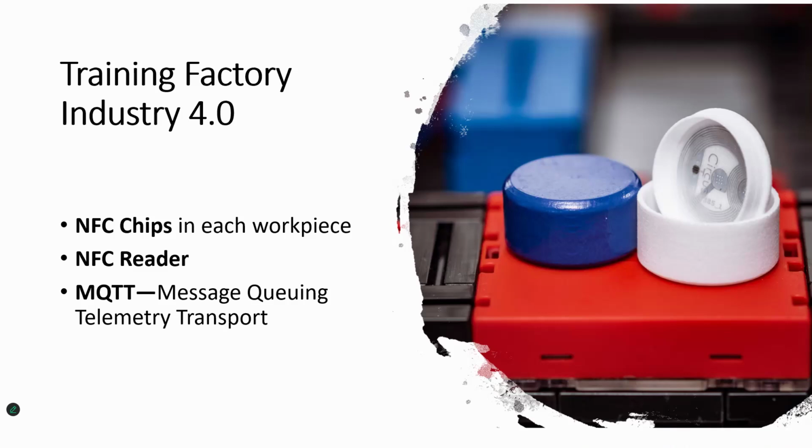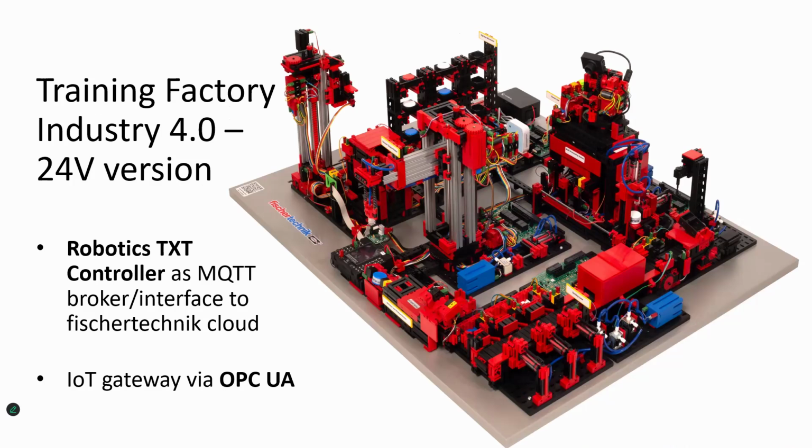And the use of MQTT, or message queuing telemetry transport, allows the network TXT controllers to communicate with each other in the 9-volt version, or of course it's also used in the 24-volt version to help the PLC talk to the internet. Now, in regards to the 24-volt version specifically, I should note that it's a bit of a hybrid.